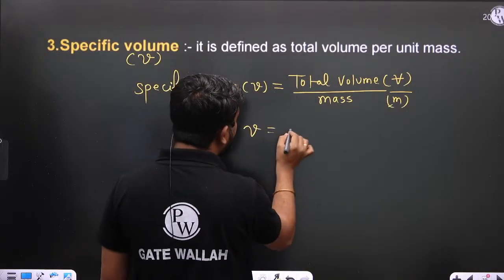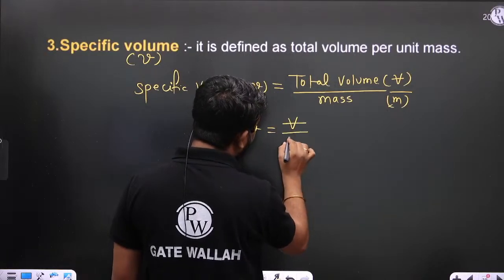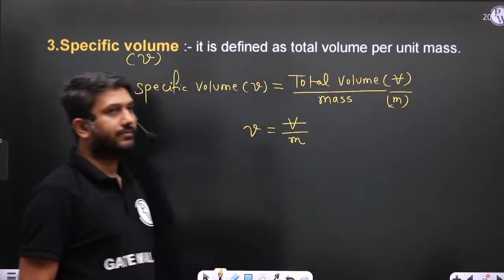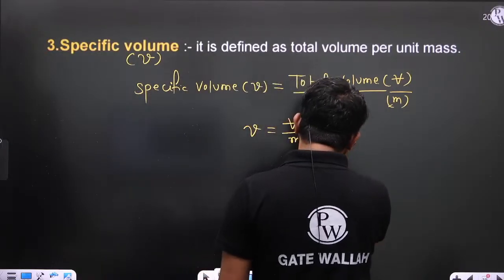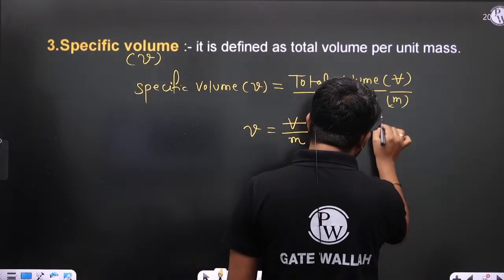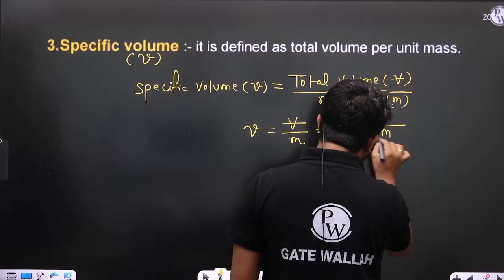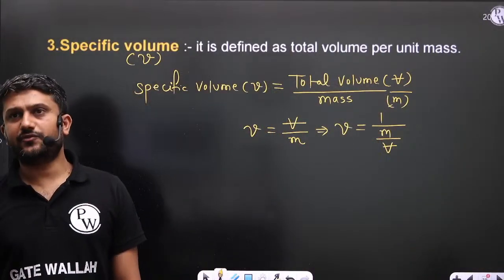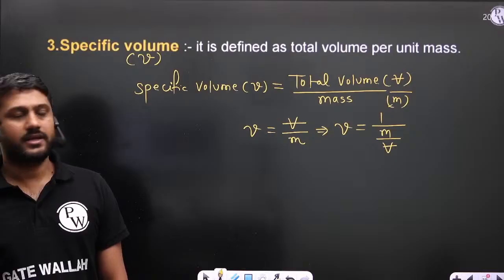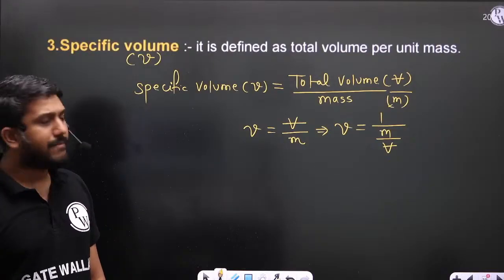So v is equal to V by M. Can we write in this way also? This is 1 upon M by V. Can we write in this way also, that specific volume is equal to 1 upon M by V?